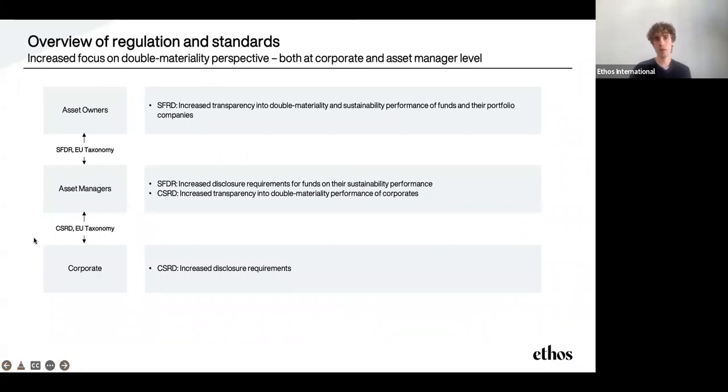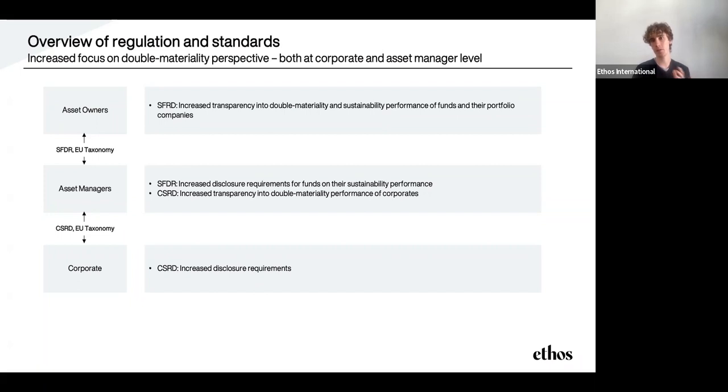If we then look at the relation between asset owners, asset managers, and corporates. What we said earlier, CSRD is the regulation that is coming into effect next year and will be reported upon in 2024 by corporates. This will incorporate a lot of the requirements that are set out in SFDR on financial actors now.